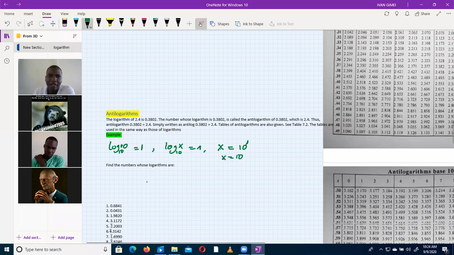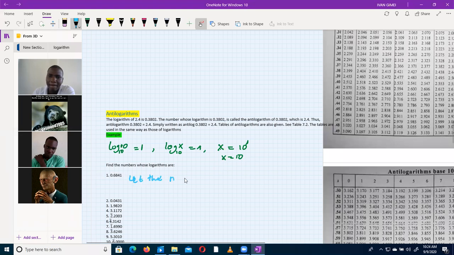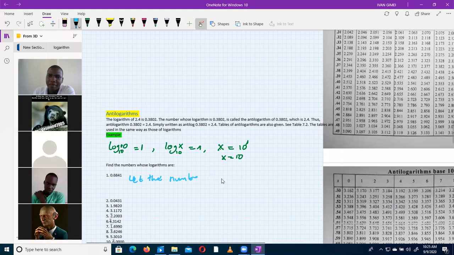Now, even here, they're asking you to find the number whose logarithm is this. Let that number be x, we don't know it. We don't know the number whose logarithm is that. Let the number be x. Of course, here we're working in base 10 always.